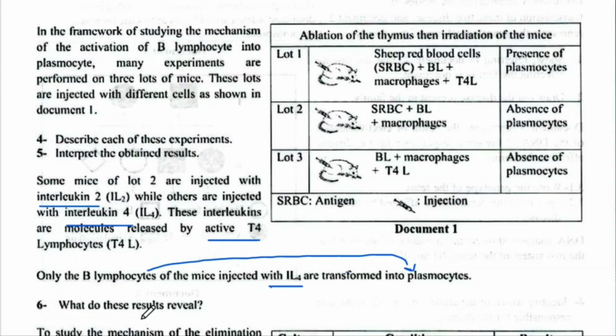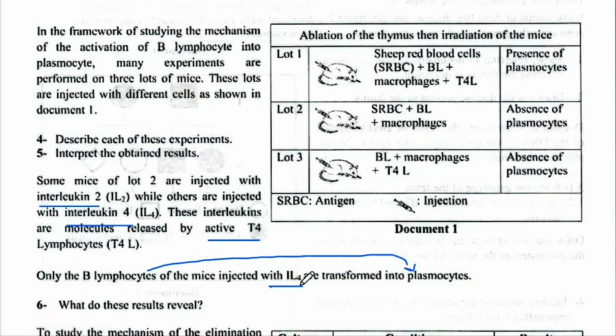What does this result reveal? Only the B lymphocytes of the mice injected with interleukin 4 are transformed into plasmocytes.